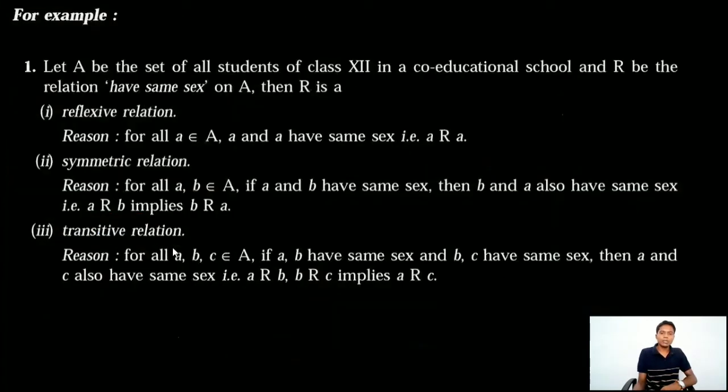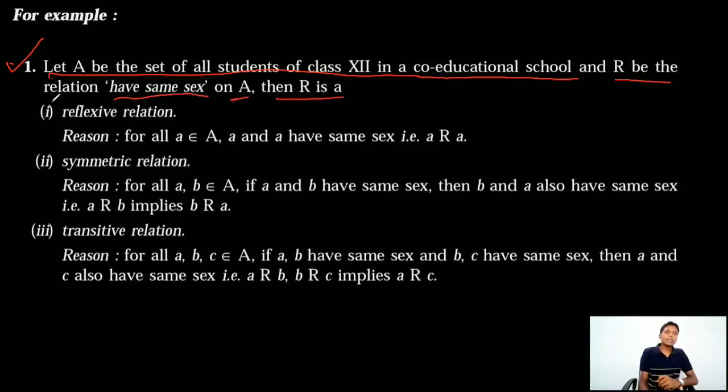For example 1, let A be the set of all students of class 11 in a co-educational school, and R be the relation 'have the same sex' on A. Then R is obviously reflexive, symmetric and transitive. How?